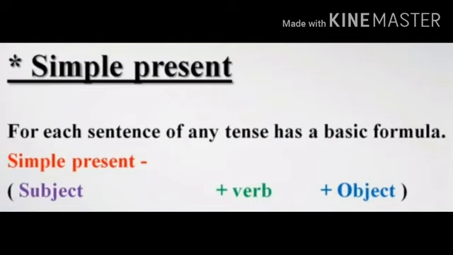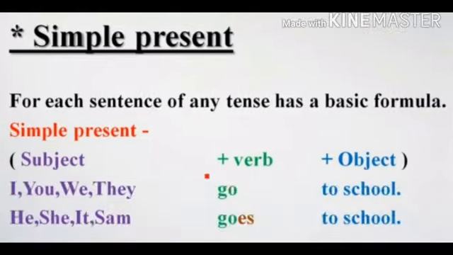Okay, now let us see some examples based on this. If we see the subject I, you, we, they, with these four we get the verb go to school, play football. So in this way we can write the verb.